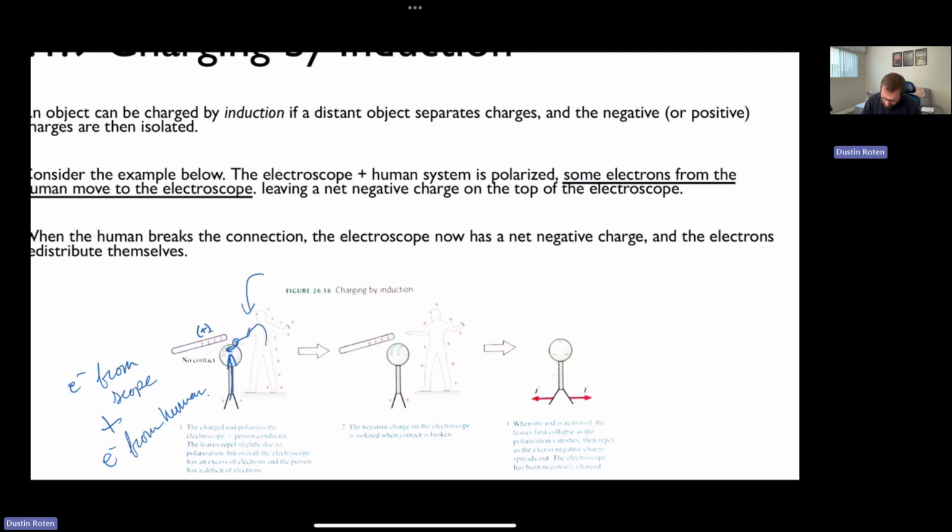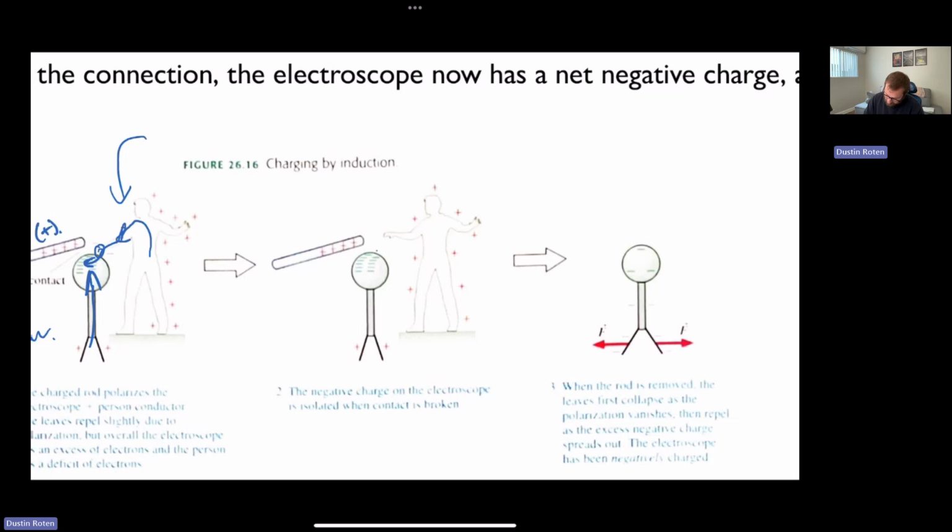Since we are getting some electrons coming from the human, it wants to go up and meet this charged rod that's external. So once that happens, we're going to have more electrons than normal on the scope, as you can see. Now, the trick is once we get those more electrons than normal on the scope, what's going to happen is the human is going to let go.